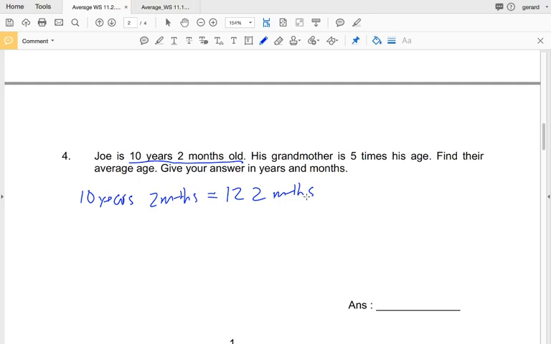His grandmother will be 122 months multiplied by 5 times his age. Let me press my calculator, this will give you 610 months. Add both of them together. By now you should be very familiar with how average is done.